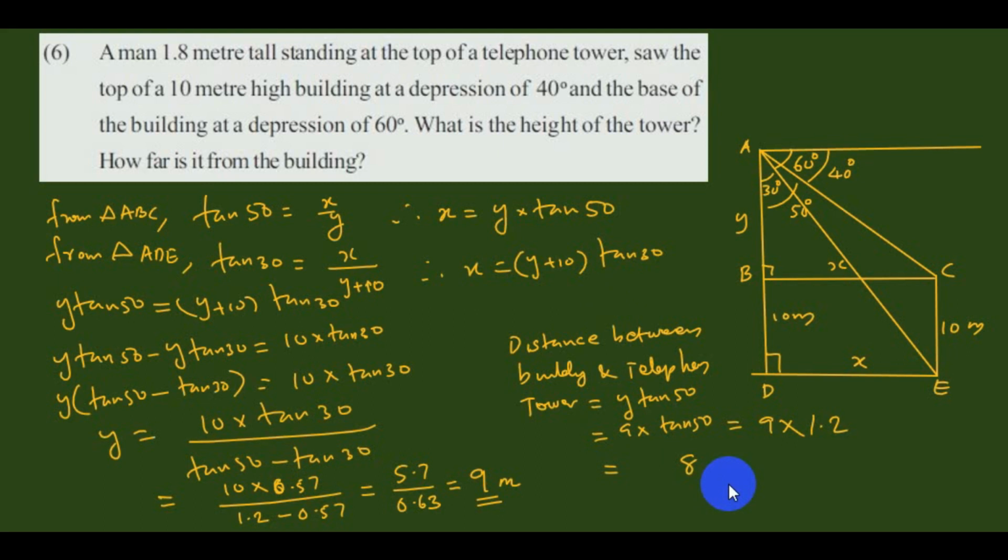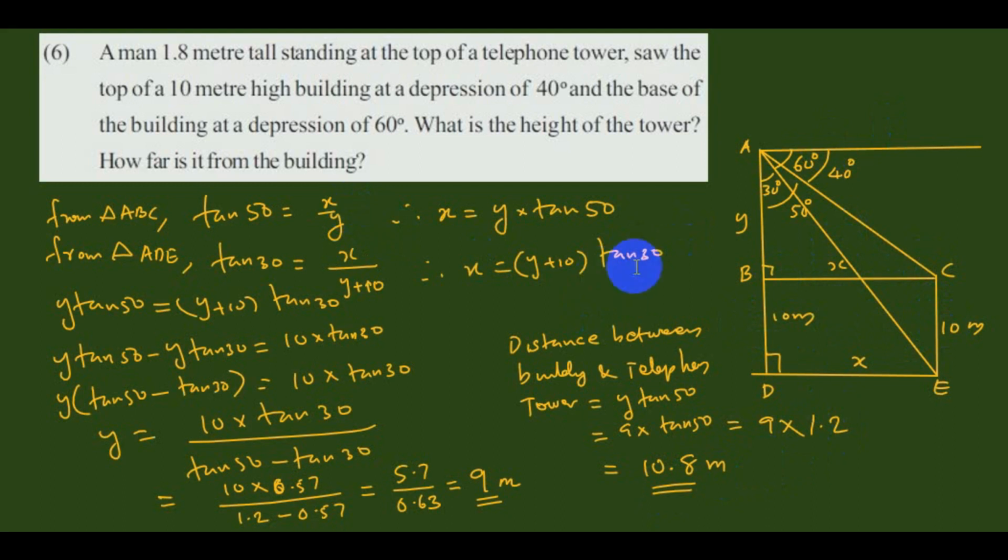Therefore, it is 10.8. Now we get the distance between the telephone tower and the building is 10.8 meter. Now this distance is with us. It is 10.8 meter distance between telephone tower and building.